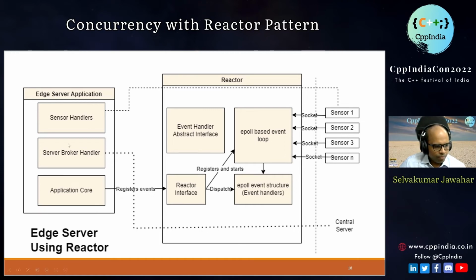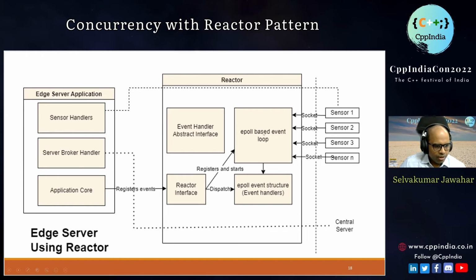And we will also need to implement the server broker handler, which will implement the protocol to communicate with the server. So once we implement these concrete event handlers, we register them with the reactor. Then the application starts the ePOL loop and waits.